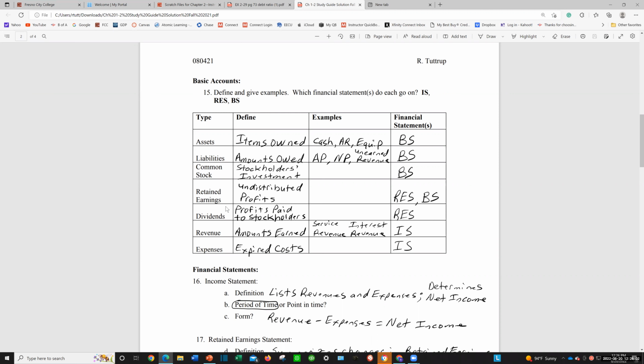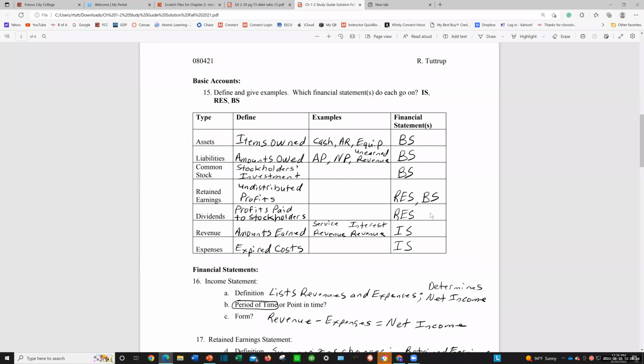How about dividends. Those are profits paid to stockholders. Now, profits paid to stockholders, any dividends are going to be distributed from retained earnings, right? So you're going to see the dividend account on the retained earnings statement.